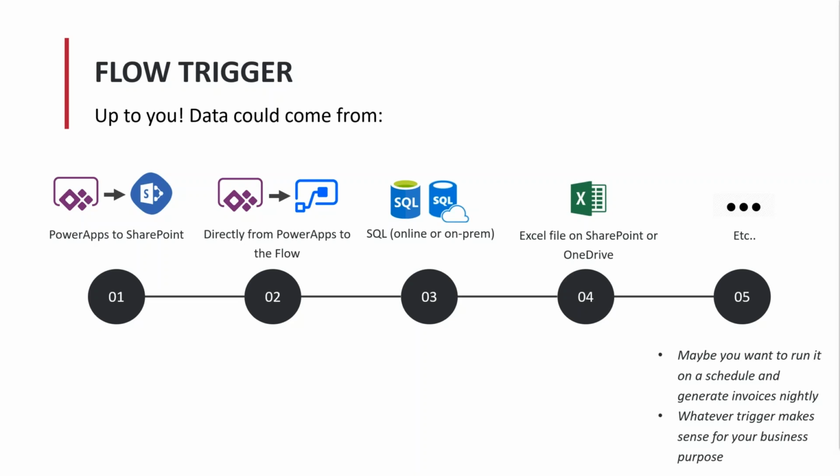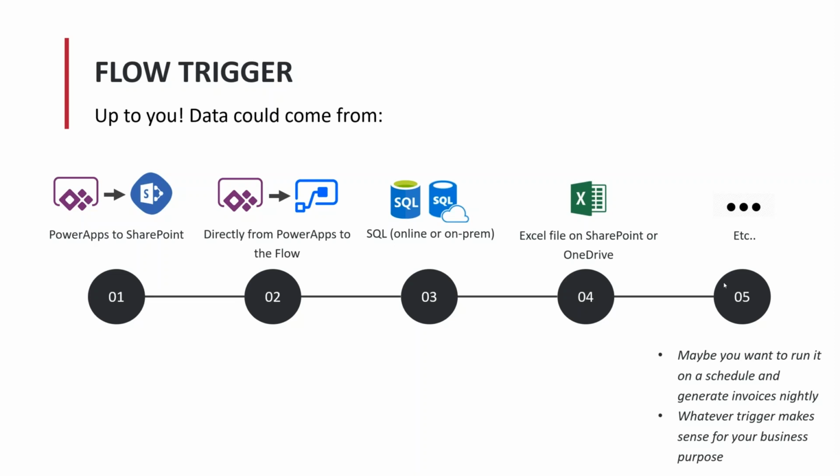So the reason I wouldn't probably go directly from Power Apps to the flow is because I think anything that would leverage this process is probably something with more data. Now, if you're doing Power Apps to SharePoint, in any of these cases, you really want to think about your trigger if you have a parent-child relationship, okay?